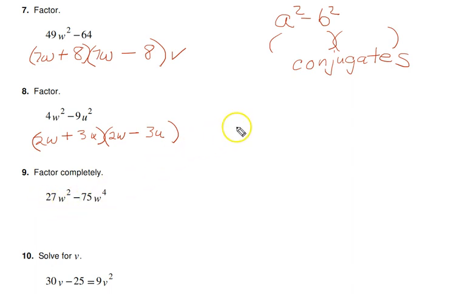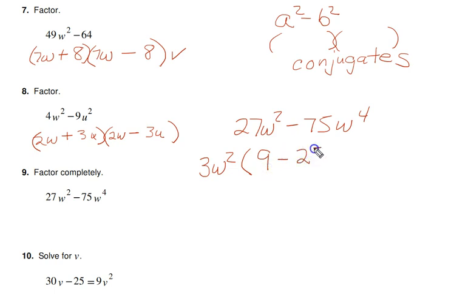Now as we look at this one, I'll write it up here so you can see it big. 27w squared minus 75w to the fourth. Again, the rule for factoring is always take out the greatest common factor if there is one. And you'll notice 3 will go into there, and 3 will go into there. And we could take a w squared out of each one. So 3w squared leaves me with 9 minus 25w squared, like so.